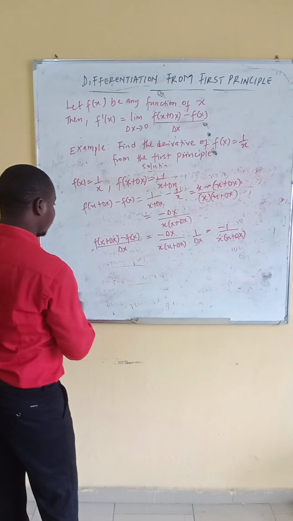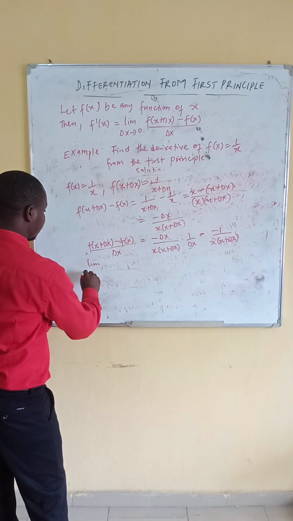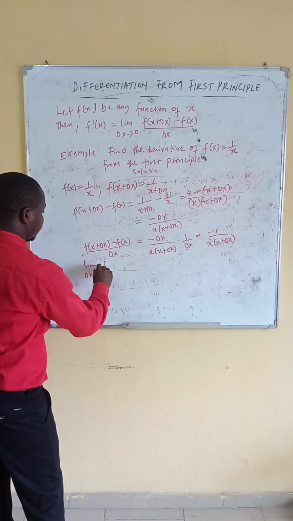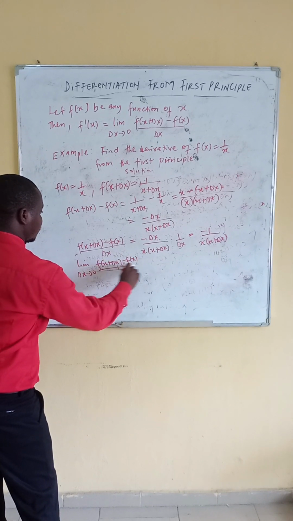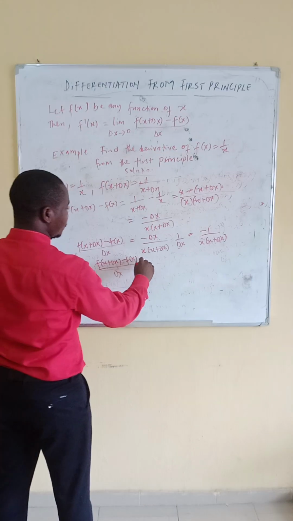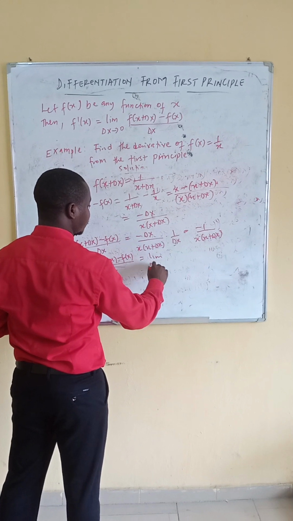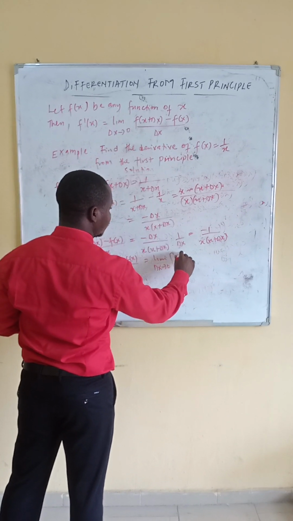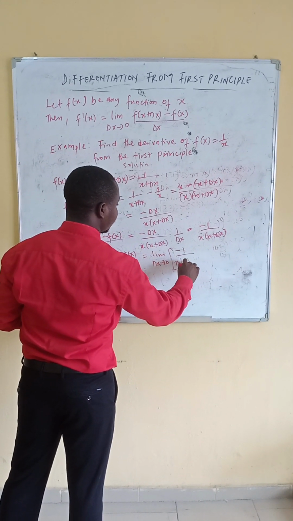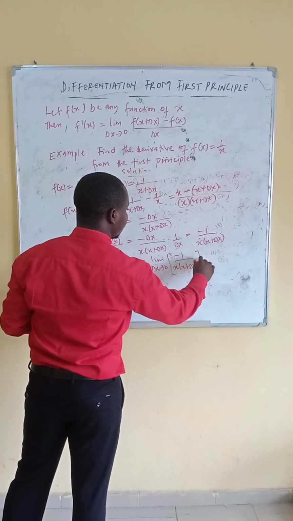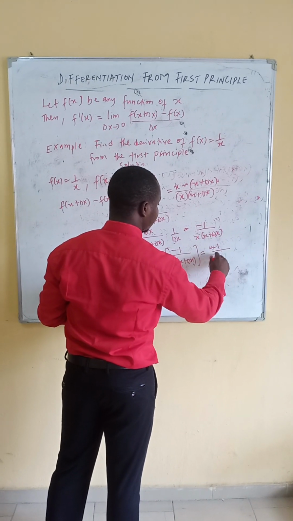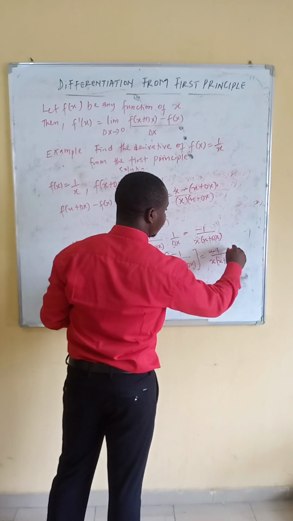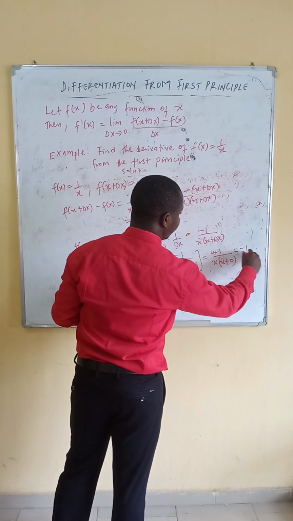Now, taking the limit as change in x approaches 0, that is the limit as change in x tends to 0 of minus 1 over x into x plus change in x, same thing as minus 1 divided by x into x plus 0, which gives us minus 1 over x squared.